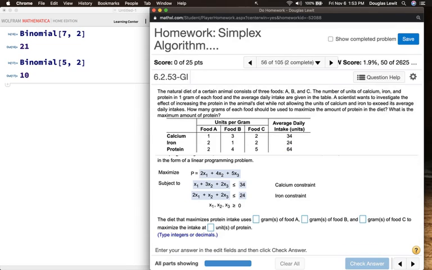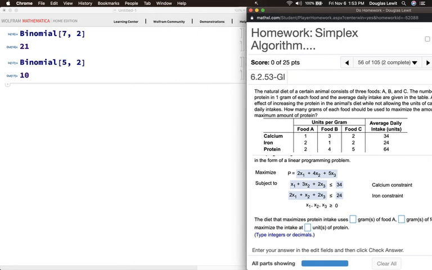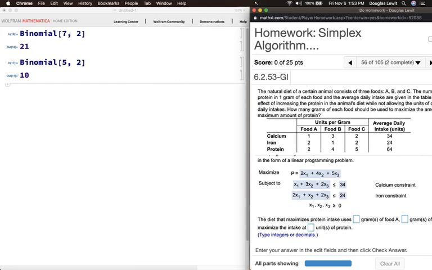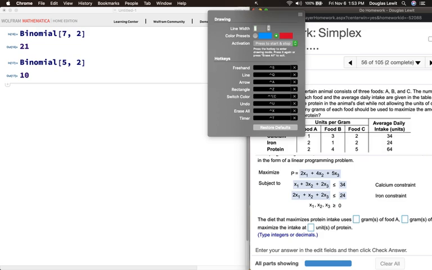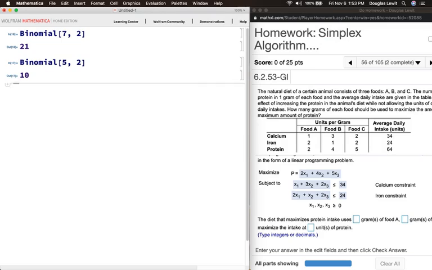Okay, so here's the big part. Now we have to figure out the solution to this problem. All right, I'm going to move this window right over here. I don't need my drawing tool for this. Okay, so here what I'm going to do, well, first of all, the 2x1, the 4x2, the 5x3, I'm actually going to move that to the left of p.